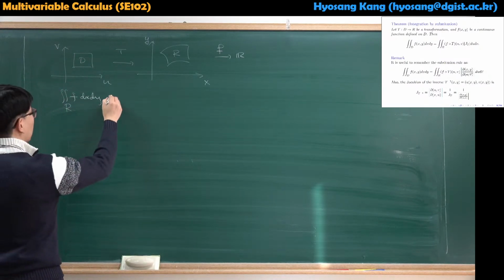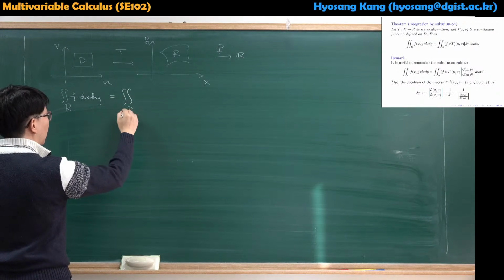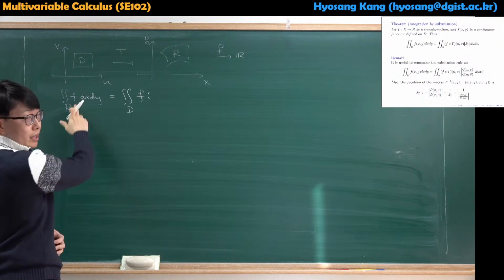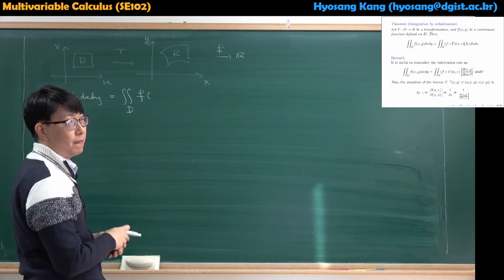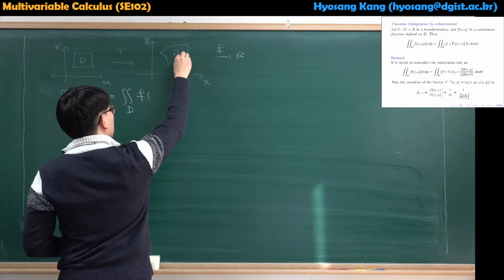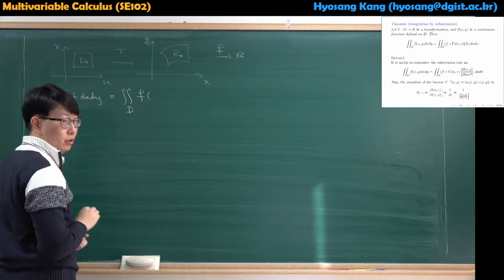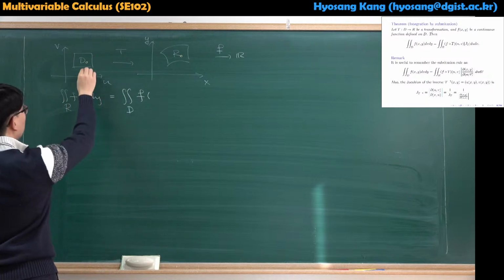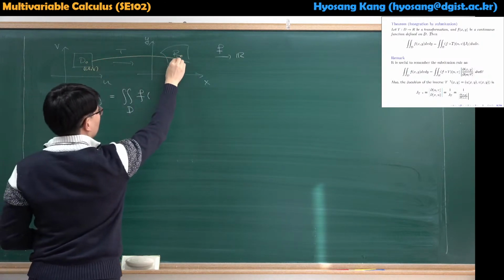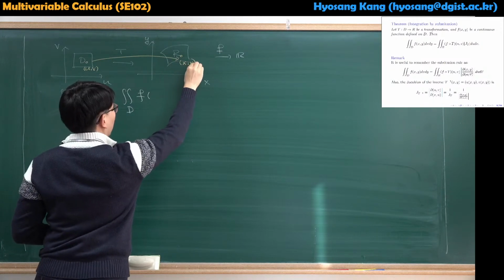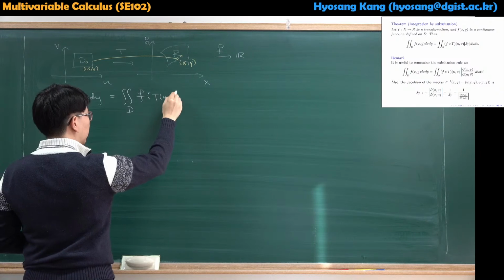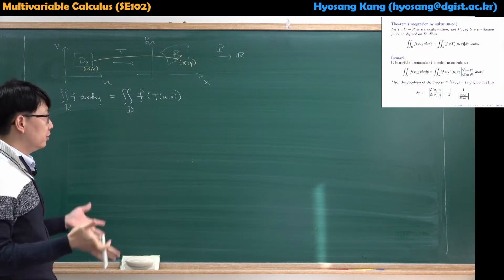So then how it's done is, first, when I take f, I'm taking each coordinate x and y. Each coordinate x and y in the region R has a unique correspondence inside the uv plane, inside D. So each uv uniquely corresponds to a point xy. So taking a composition is nothing. It's just obvious.